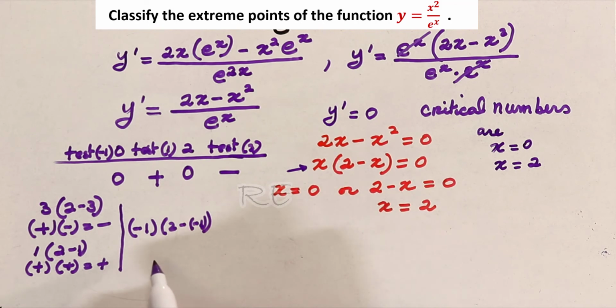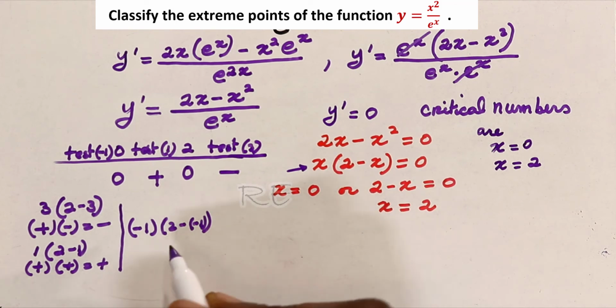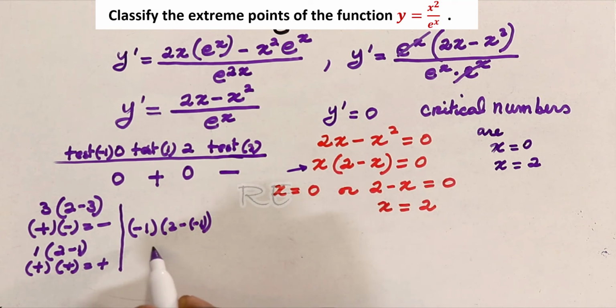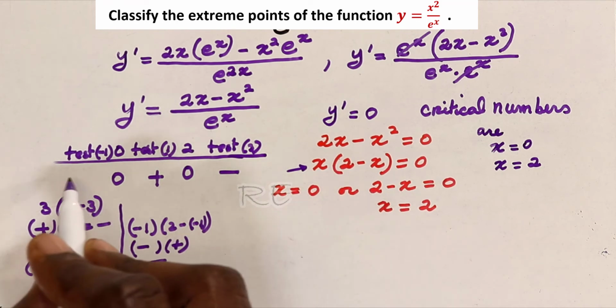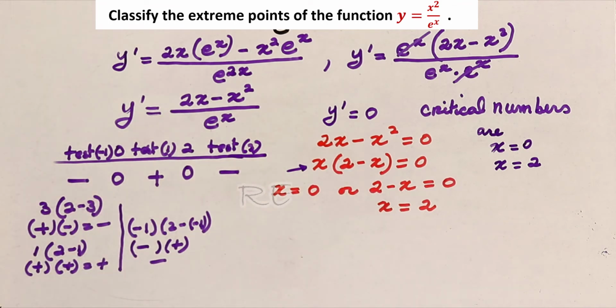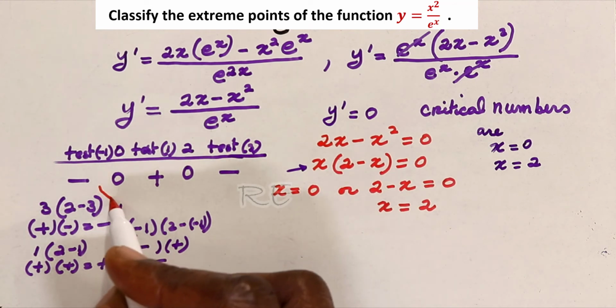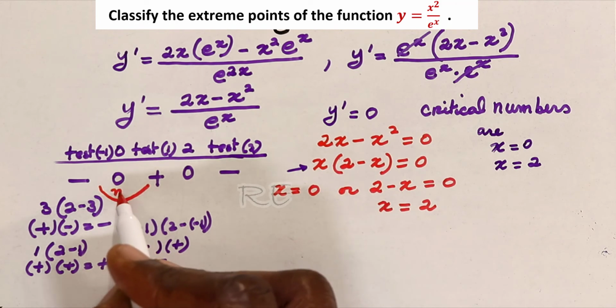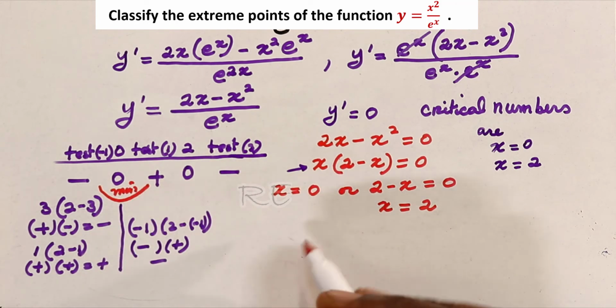So it's a negative times a positive, which will be negative. The derivative goes from negative to 0 to positive. This is a minimum.